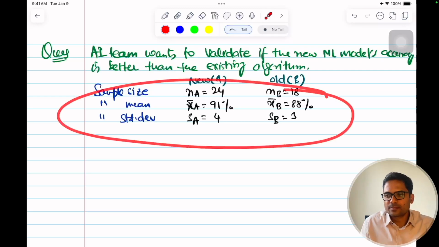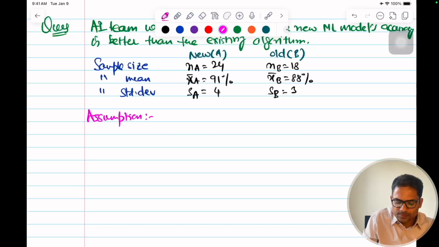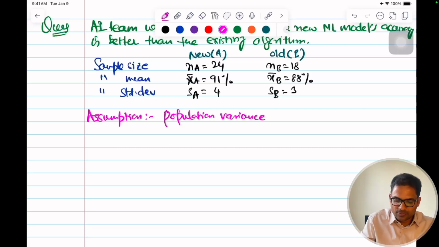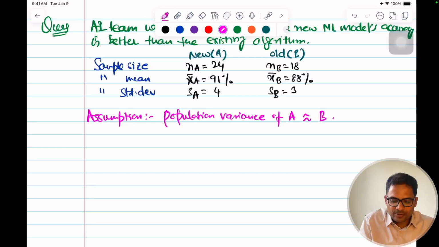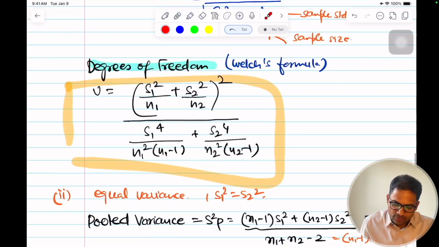This is the data you have, and the assumption is that the population variance of both samples is almost the same, since nothing is given. So the population variance of A is approximately equal to that of B. Since the population variance is the same, we can use the second, equal variance test.